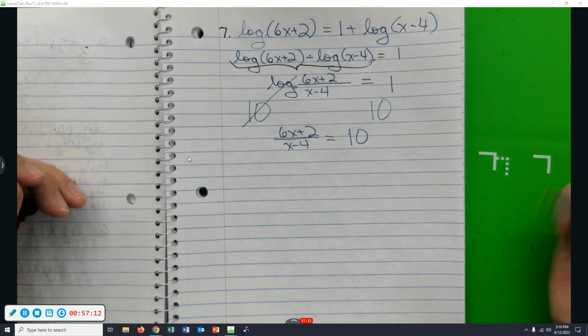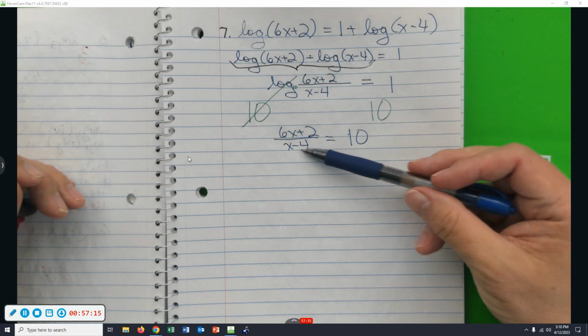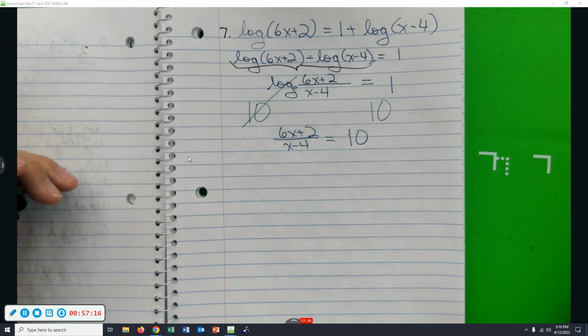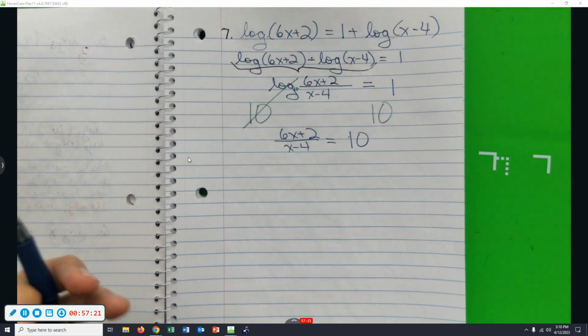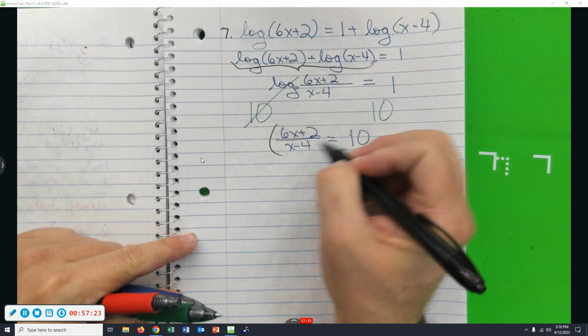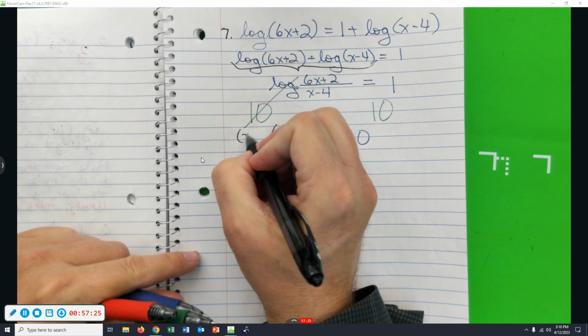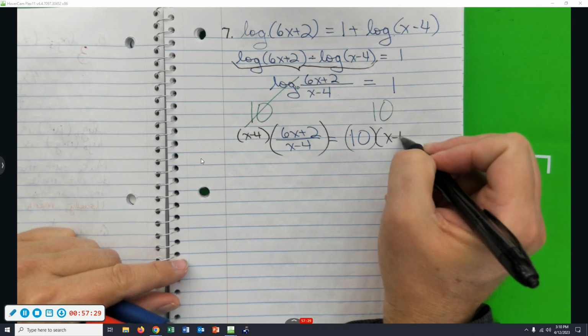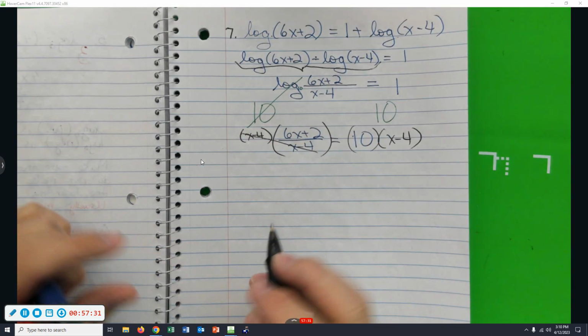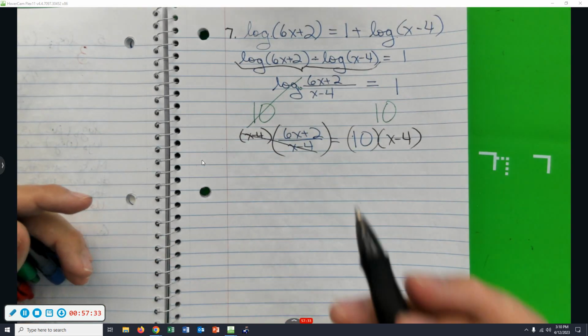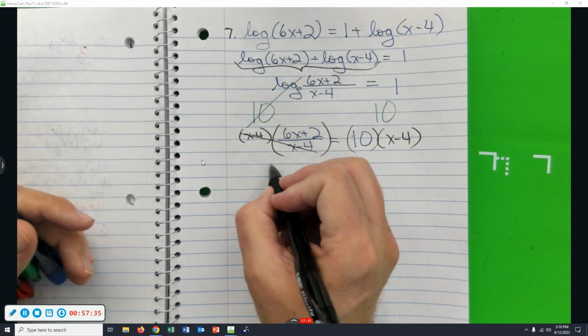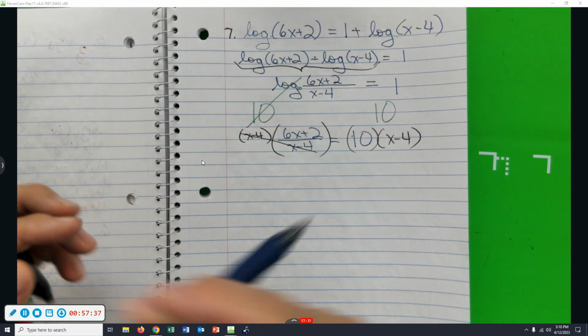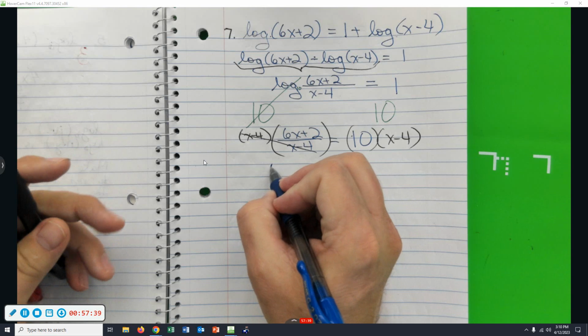We know how to solve equations with fractions. I want to get rid of that fraction. What am I going to do? Multiply it by x minus 4. Multiply both sides by that denominator, x minus 4. The x minus 4's cancel, leaving me on the left side 6x plus 2.